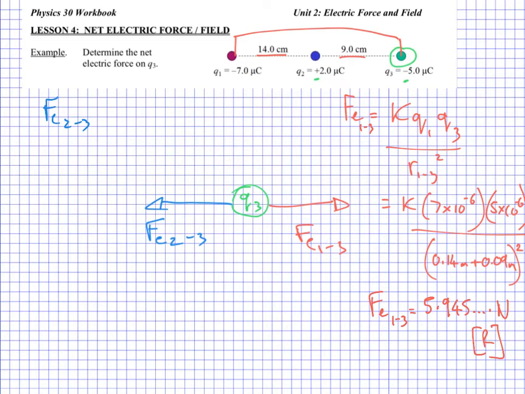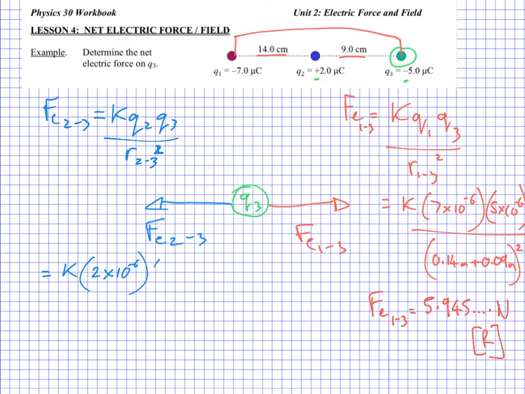So FE 2 to 3, and of course this is going to be k Q2 Q3 over the distance between 2 and 3, squared. So what does that look like? That's going to be k, Coulomb's constant, and Q2 is 2.